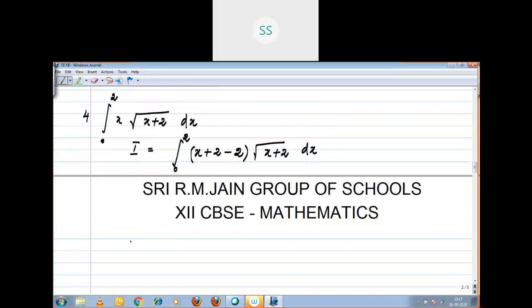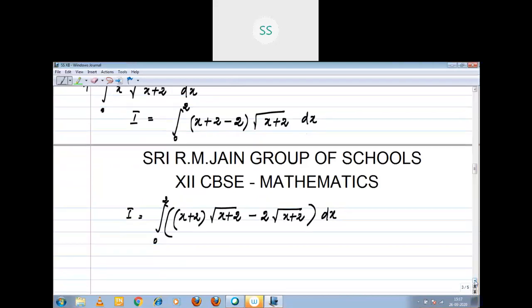Now I equals integral 0 to 2 of (x plus 2) into square root of x plus 2, I am splitting the integrand, minus 2 into square root of x plus 2. Then I can integrate easily. Now (x plus 2) power 1 times (x plus 2) square root, you apply the law of exponent and add the powers.